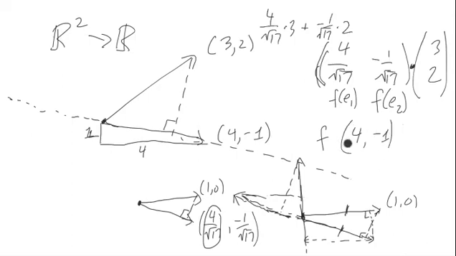That's just a rescaling of projection. So if you make a dot product with a vector, that's like a matrix function, like 4 and negative 1 as a matrix. It's a matrix function, and that matrix function is just rescaling a projection.